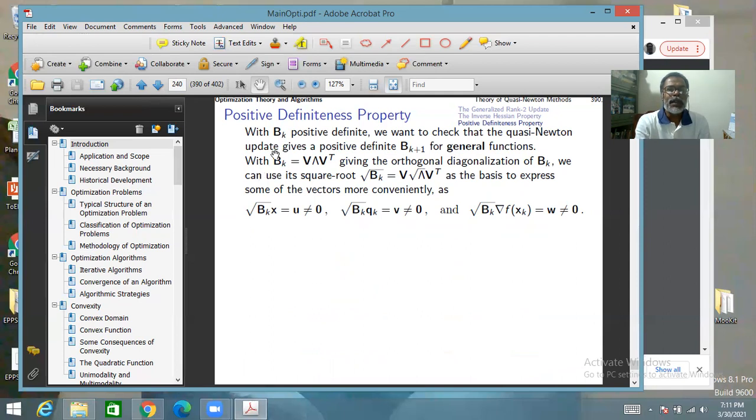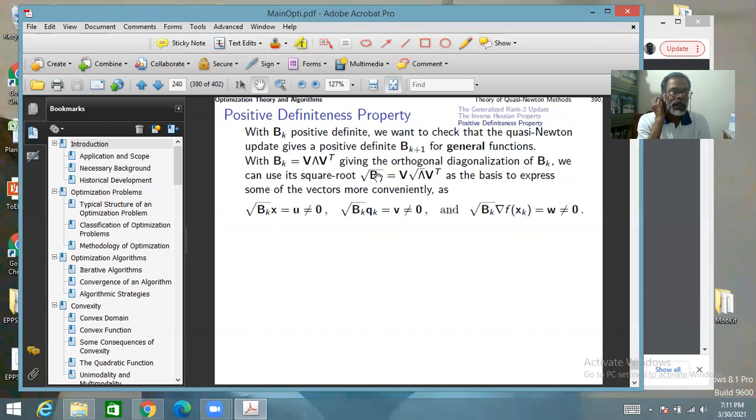Okay, so a positive definite matrix can be opened like this. Actually, any symmetric matrix can be opened like this. And in addition, if the symmetric matrix is positive definite, then the diagonal elements in this diagonal matrix lambda will be all positive, and therefore we can take their square roots, and then this thing can be taken as the square root of the matrix Bk.